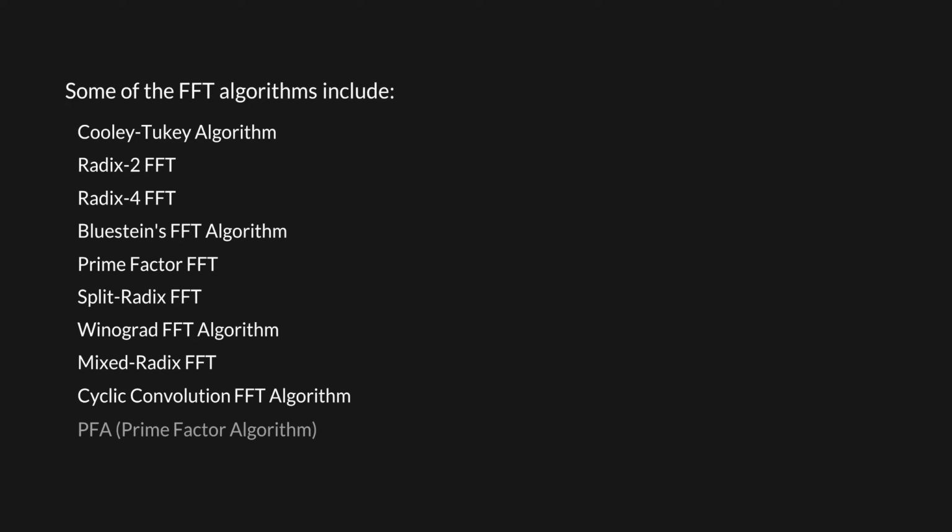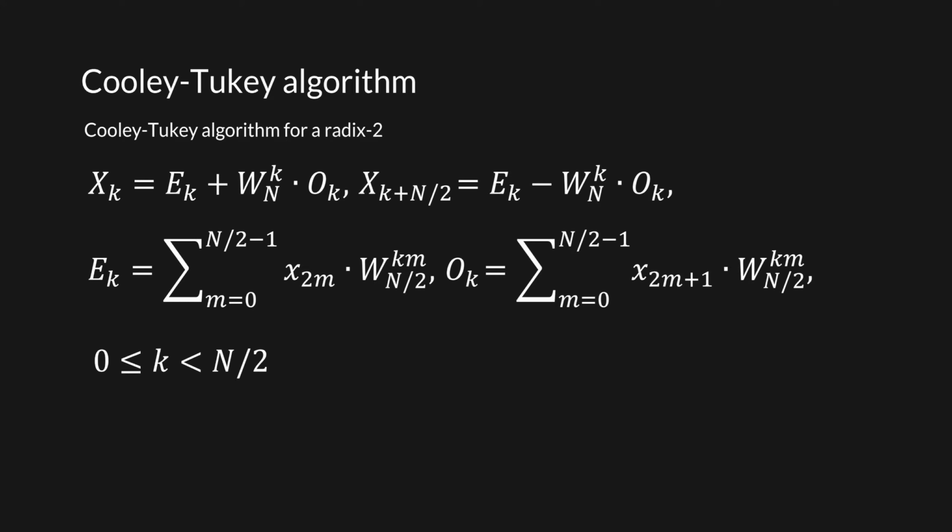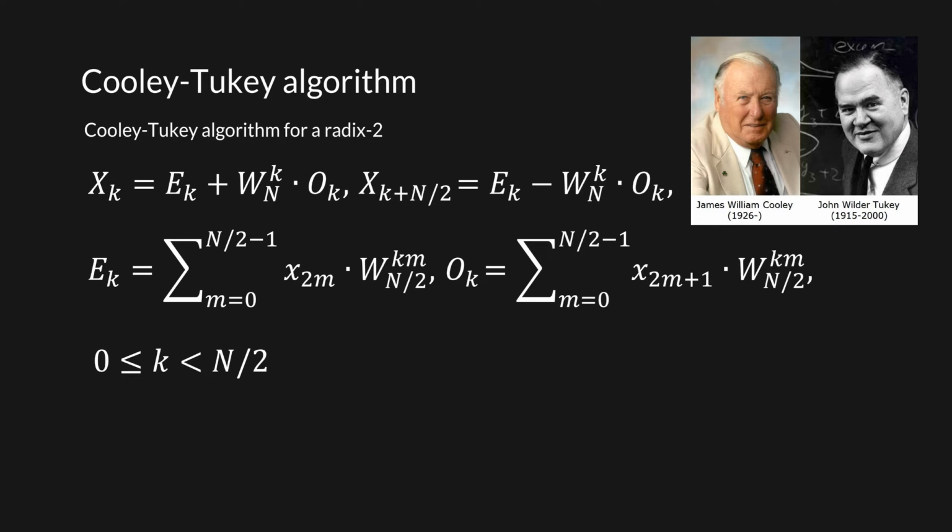Several FFT algorithms are available, each suitable for various use cases. One well-known FFT algorithm is the Cooley-Tukey algorithm. The process involves splitting the sequence of n data points into odd and even halves, recursively computing the DFT for each half, and then combining the results to form the DFT of the entire sequence.